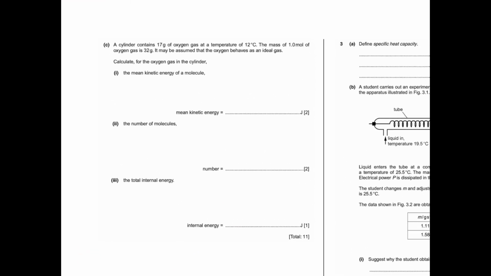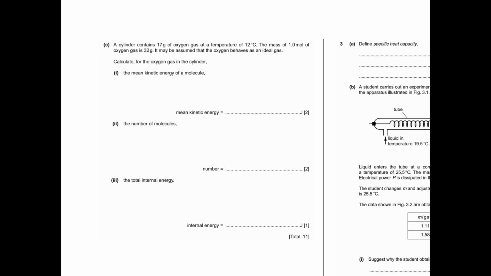Okay, now let's continue the question just now. After proving the formula, the question said, a cylinder contains 17 grams of oxygen gas at a temperature of 12 degrees Celsius. The mass of 1.0 mole of oxygen gas is 32 grams. It may be assumed that the gas behaves as an ideal gas. Calculate for the oxygen gas in the cylinder the mean kinetic energy of a molecule.